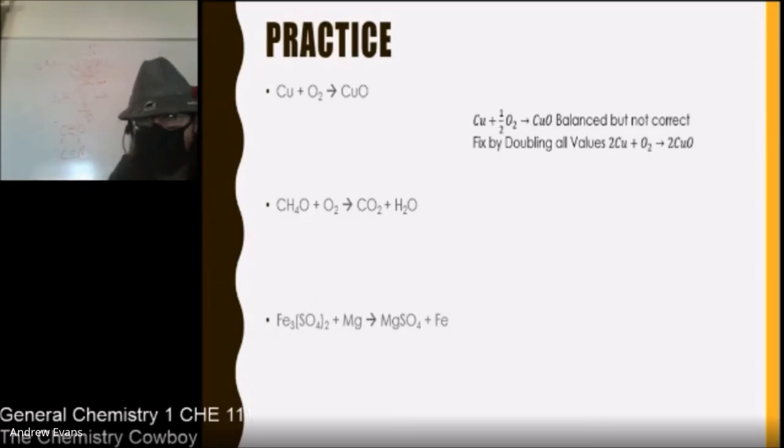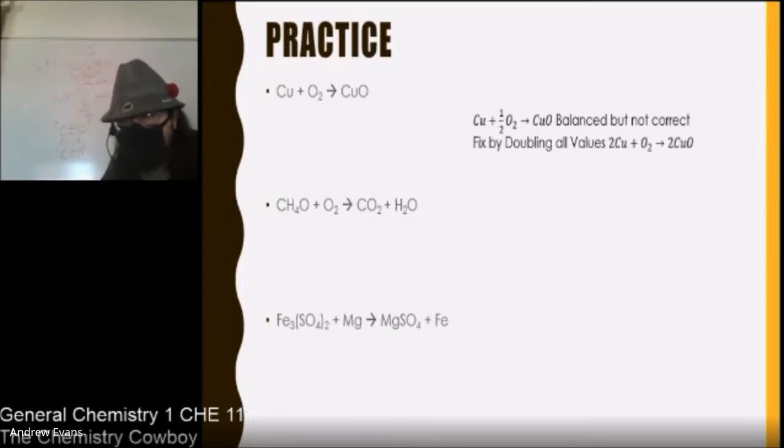One trick in these structures is to always balance the carbon and the hydrogen first. Balance the oxygen last, because oxygen will appear in 2 different compounds on the product side. It doesn't always appear in 2 compounds on the reactant side, but it will always appear in 2 different compounds on the product side, which will make things a lot harder.